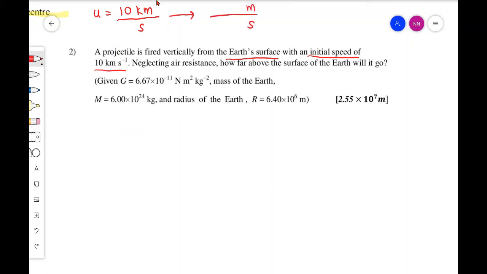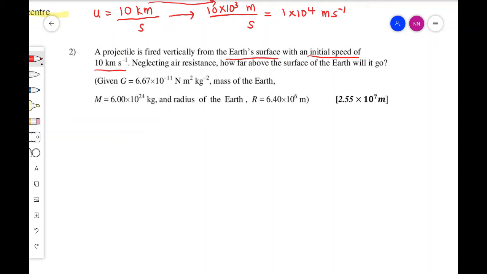So kilometer tukar kepada meter, so times 10 to the power of 3. So dapat 1 times 10 to the power of 4 meter per second.